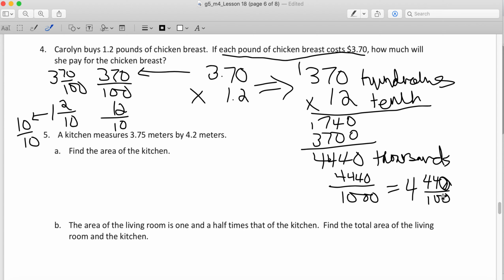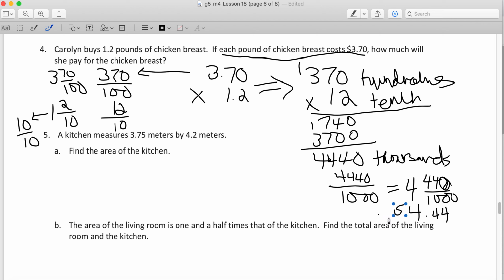Thousands. Well, how do I write this as a decimal? Well, it's 4 with a decimal, 444. Now, I'm going to leave that 0 off only because we're talking about money. So I don't really need it. So she's going to spend, remember we said that it should be a little bit more than $3.70, and it is.